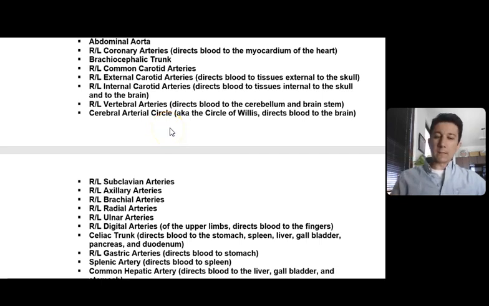Having a circular structure at the base of the brain allows blood to continue flowing to the brain, even if part of that circle is blocked by a clot. So the formation of this circular structure is essentially a safety mechanism to allow blood to be rerouted in the event that a clot threatens to block major blood flow to the brain.